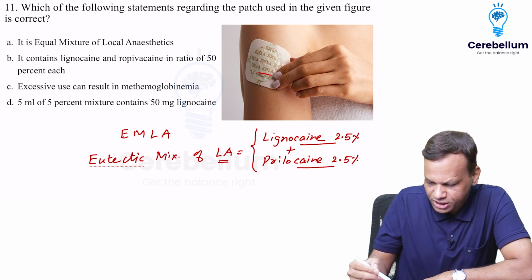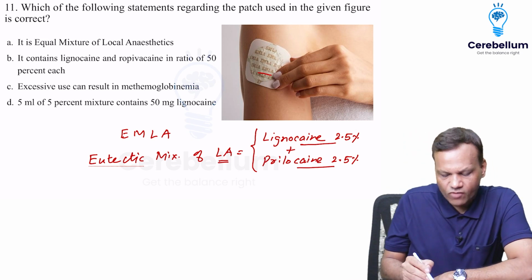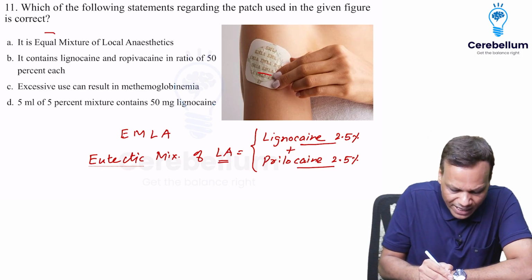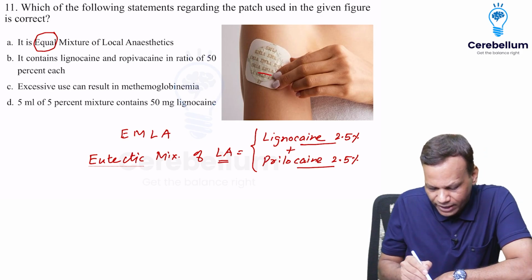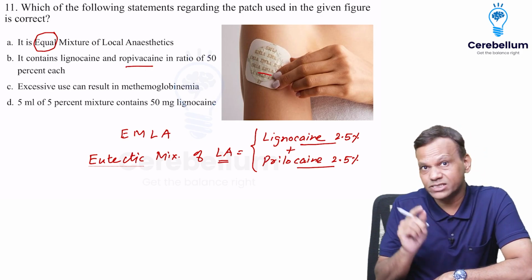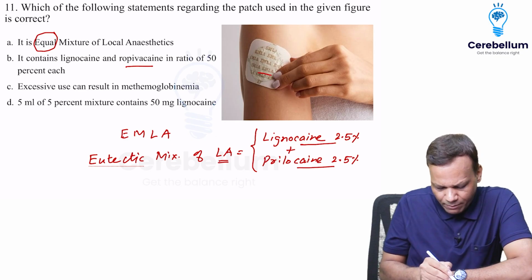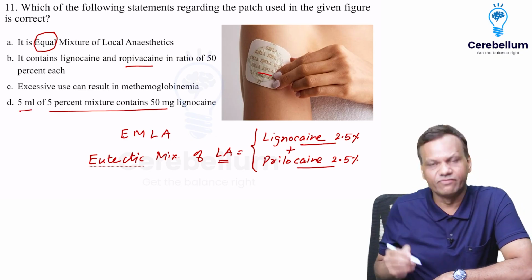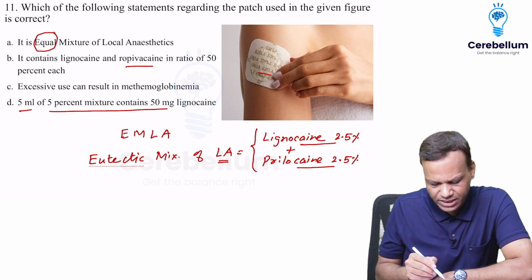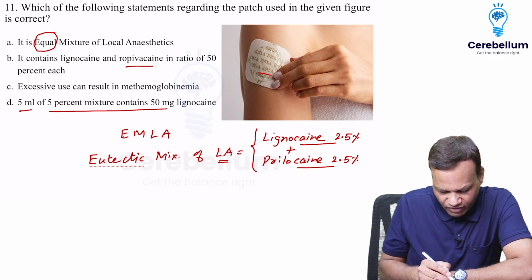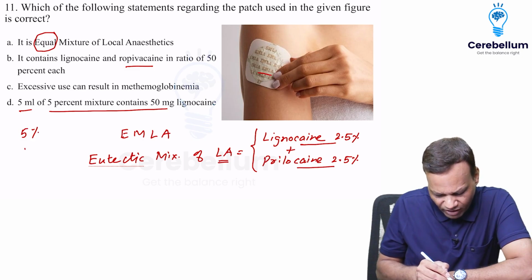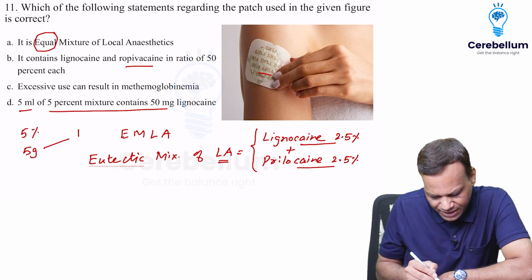Now coming to the options, equal mixture of local anesthetic, no, they have played the game by writing equal instead of eutectic. Second, contains lignocaine and ropivacaine is wrong. It contains prilocaine. 5 ml of 5% mixture contains 50 milligram lignocaine. If you see, 5% means 5 gram is present in 100 ml.